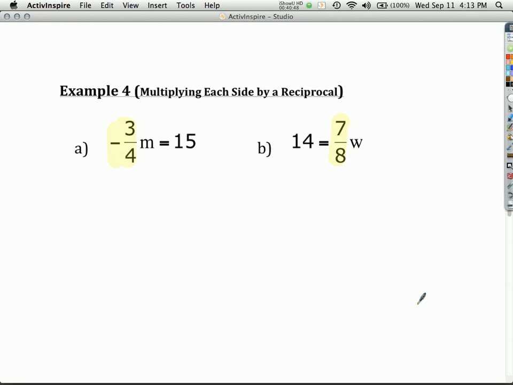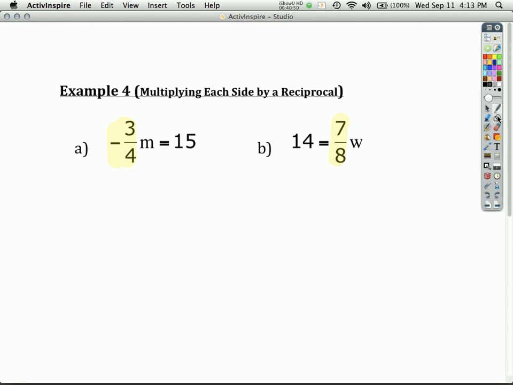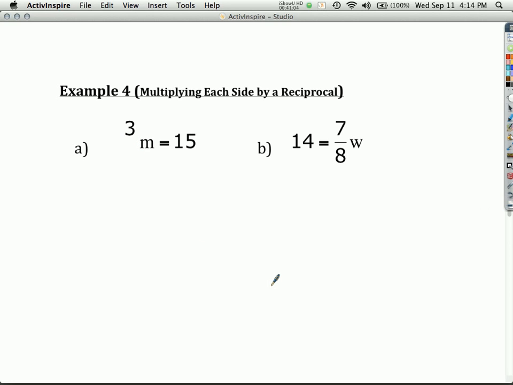So, you learned how to deal with a multiplication equation. So let me show you how this is really a multiplication equation. If I took this away, then it would be 3m equals 15.